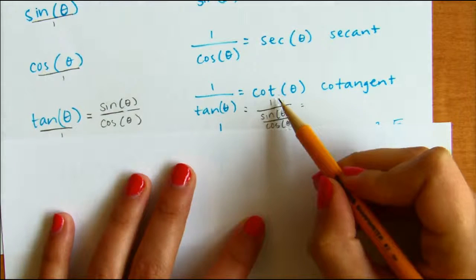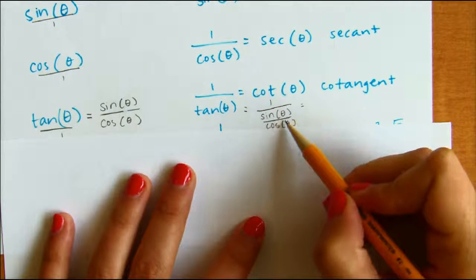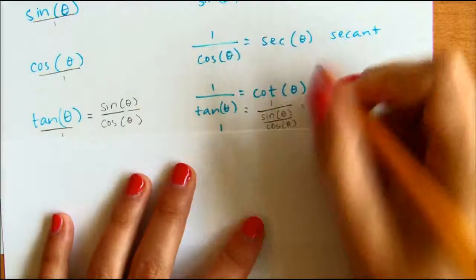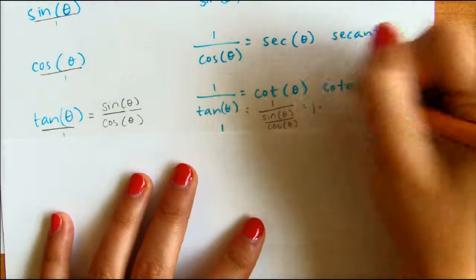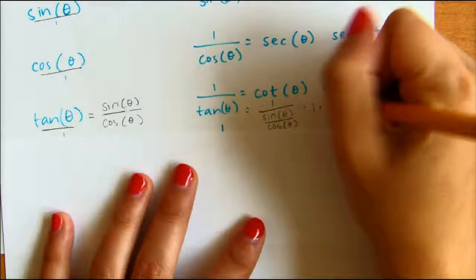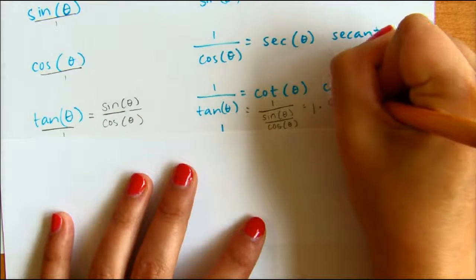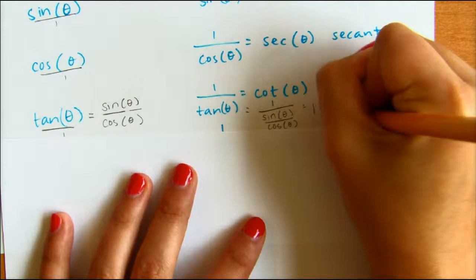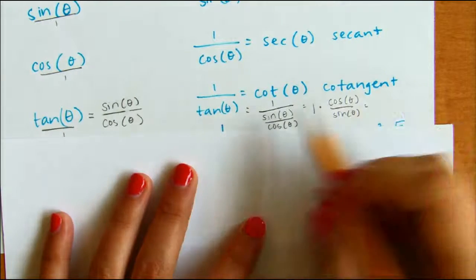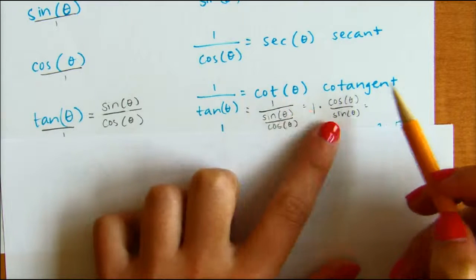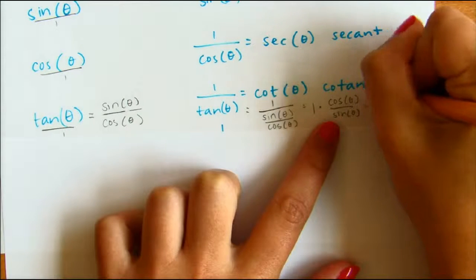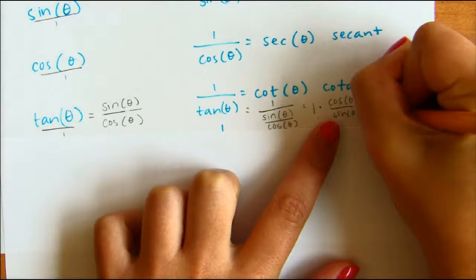If I do my keep, change, flip here, I'm going to have 1, change division to multiplication, flip that bottom fraction: cosine of theta over sine of theta. Oh, cotangent is the exact same thing as cosine over sine.